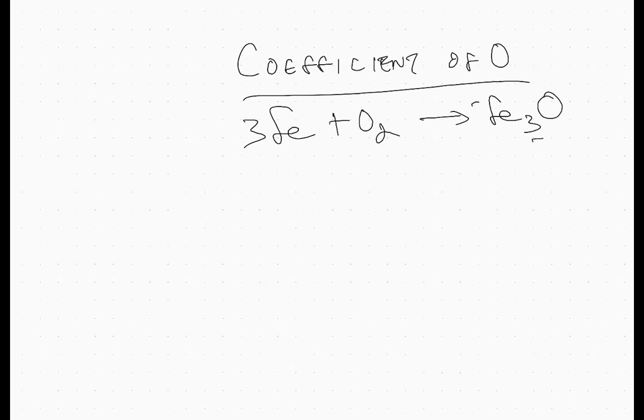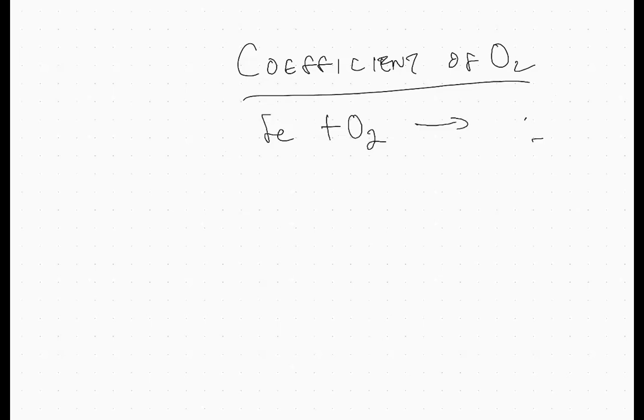Okay. So they're asking what is the coefficient of oxygen. Let me erase this one and rewrite this question. It should be Fe plus oxygen giving Fe2O3. If I put Fe2O3, then it makes sense.